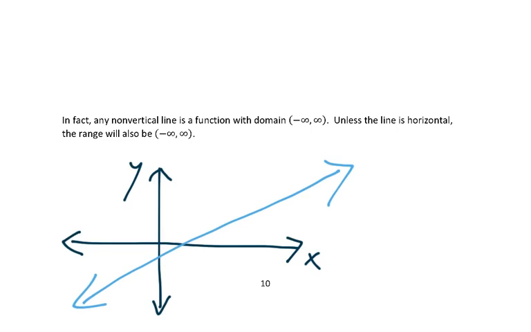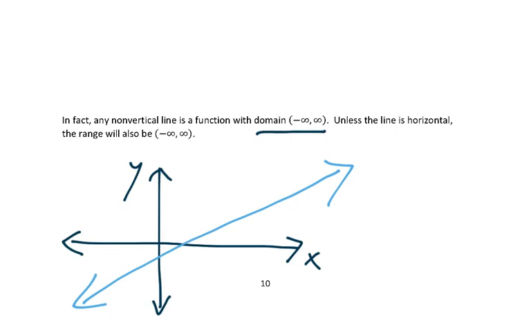And also it turns out that the domain will be all real numbers. This notation here is the same notation for all real numbers. Now, unless the line is horizontal, then the range will also be all real numbers.